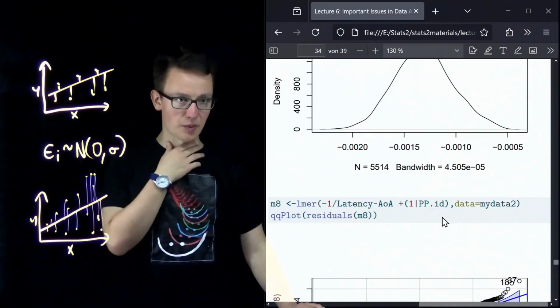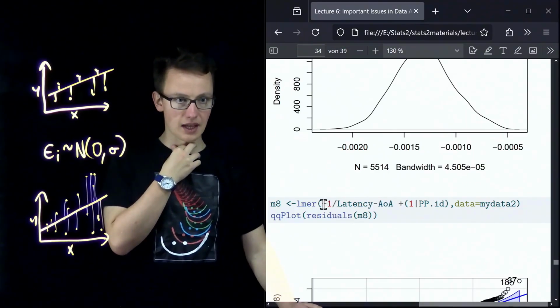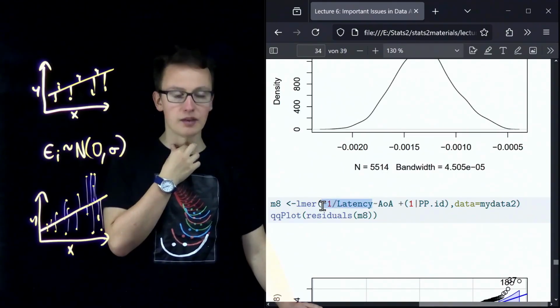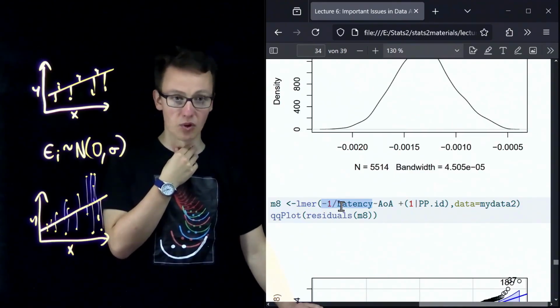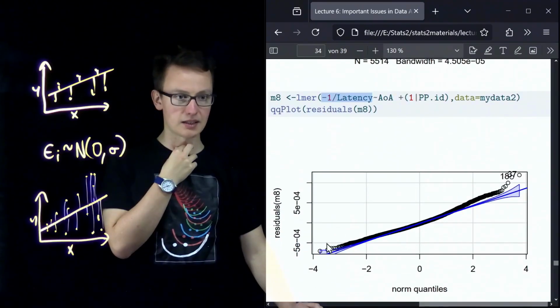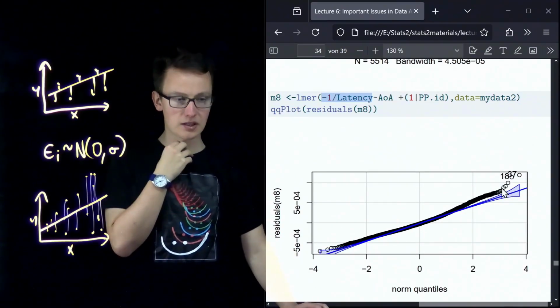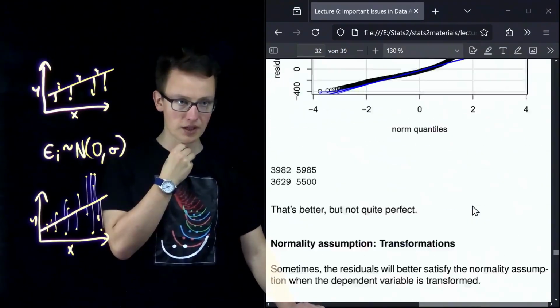So we can do the corresponding QQ plots as well. Here, let's say we do the QQ plot fitting the inverse transformation as the dependent variable now, as opposed to the raw latency, the raw reading time. And what you will get is this QQ plot. As you can see, that is much nicer than what we had originally. Recall the original QQ plot on the raw data.